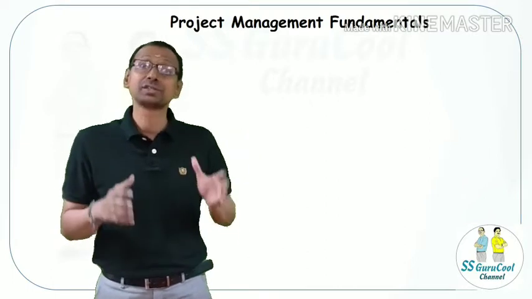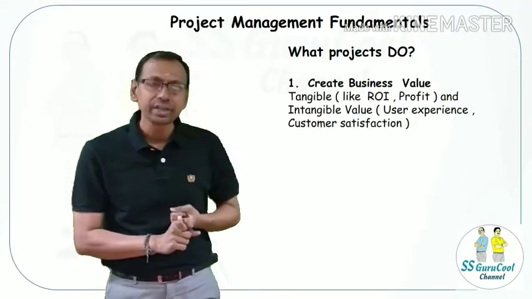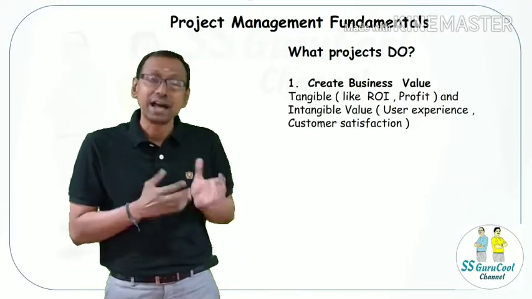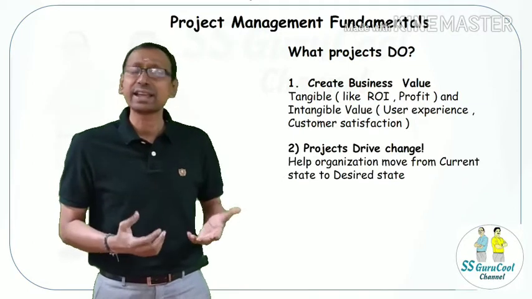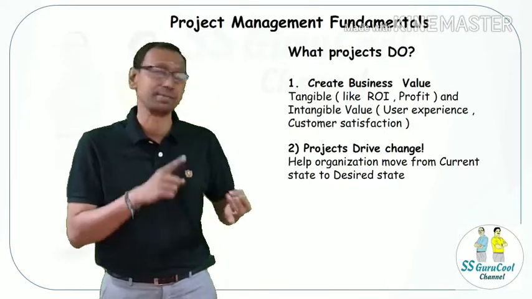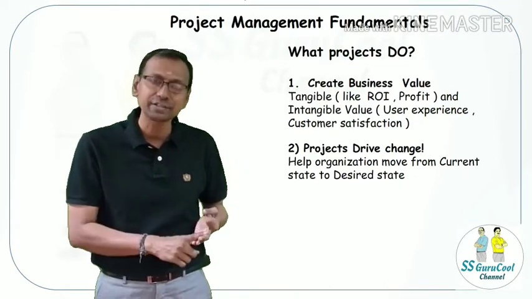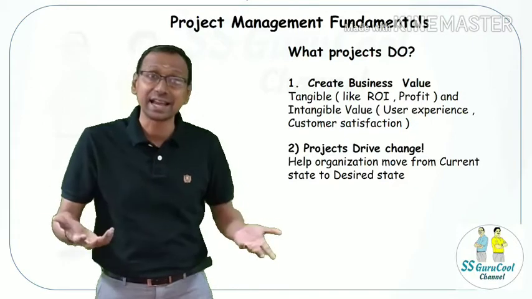So what do projects do? Projects do two things. One, they create value for the organization. Business value can be tangible or intangible benefits. Tangible could be profits or return on investment; intangible could be goodwill or market share.